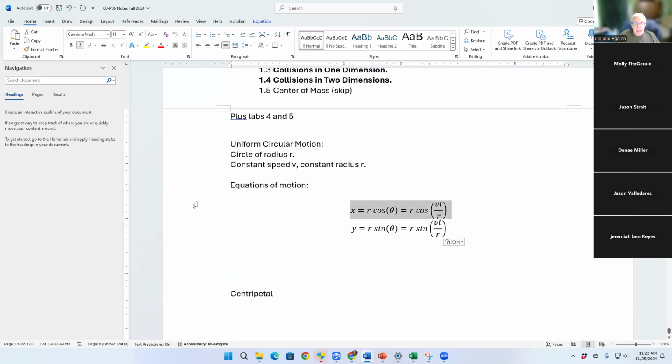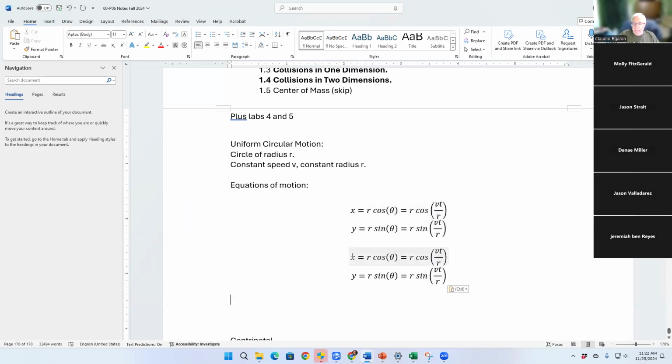The velocity is going to have a negative x component. Let's put constant speed v naught here. Yeah, constant speed v naught.